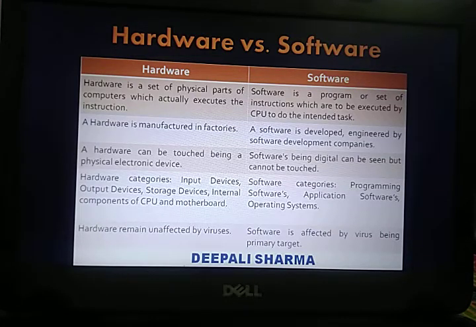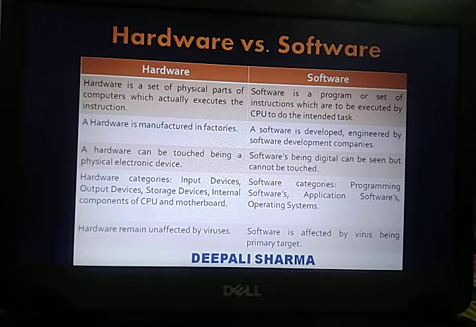and software is a program or set of instructions, you can say, which are to be executed by the CPU to do the intended task. That means software is designed for performing a particular task. Then hardware is manufactured in factories.